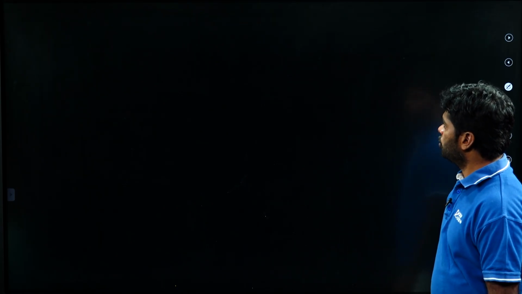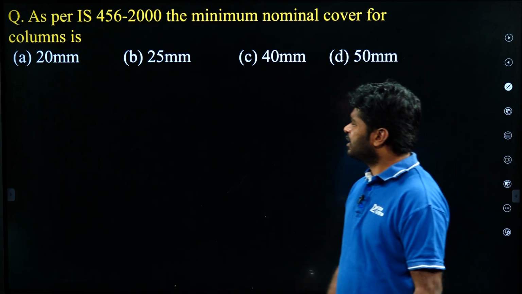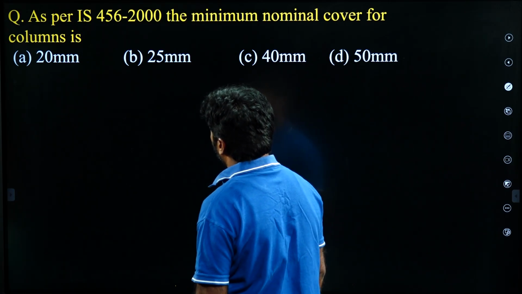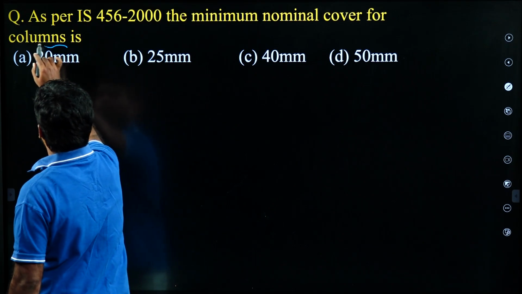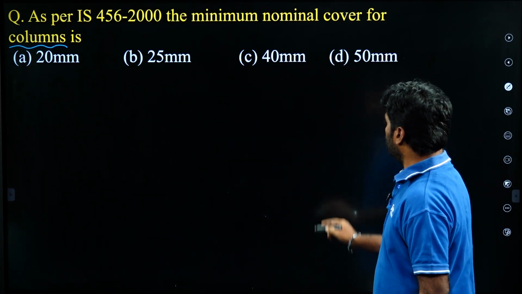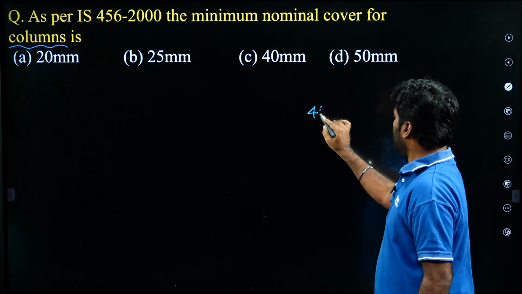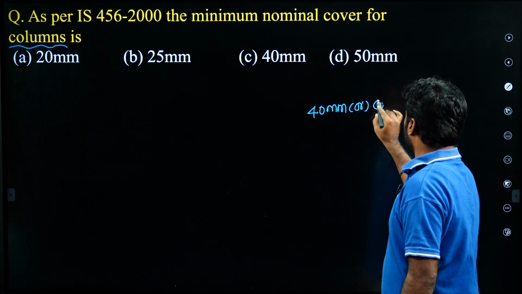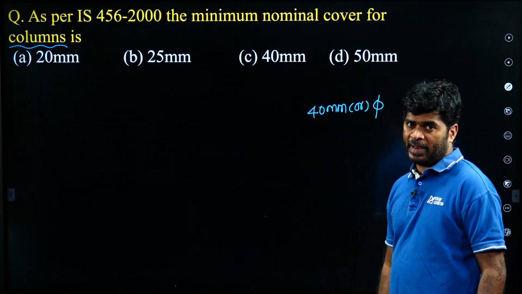Coming to the next question, as per IS 456-2000, what will be the minimum nominal cover for columns? It is 40 mm or the diameter of the longitudinal bar, whichever is maximum.